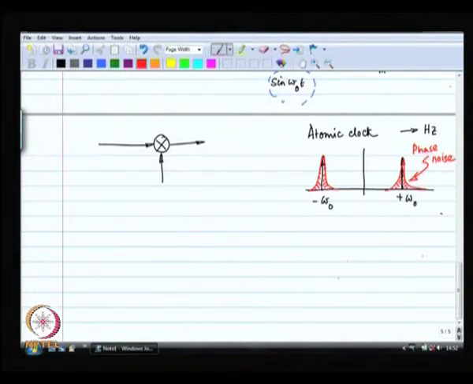So, the oscillator, whatever it is, tries to oscillate at a perfect frequency. It cannot oscillate at a perfect frequency. There is some noise around that frequency, that is called phase noise, right. Now, what are good oscillators available in the market? The cheapest form of a good oscillator is a quartz crystal.